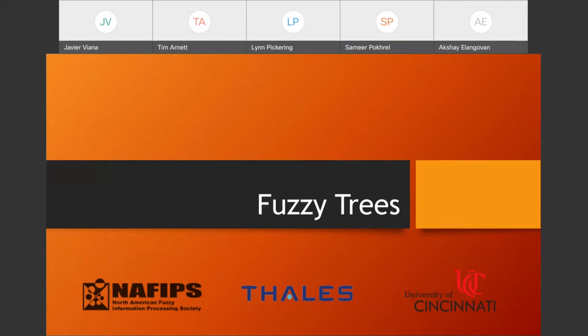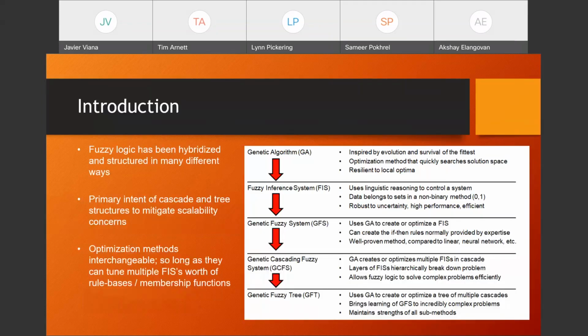Because of that, it is typically advisable to limit the number of inputs you have to a single fifth. But if you want to try to control or process a lot of different input values, you still need to account for that somehow. So a fuzzy tree is one way of creating a structure where you can still do that.